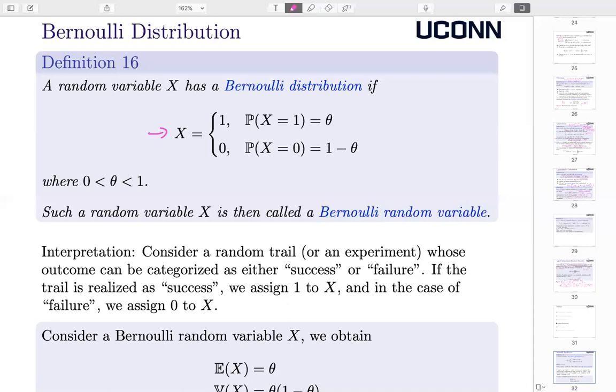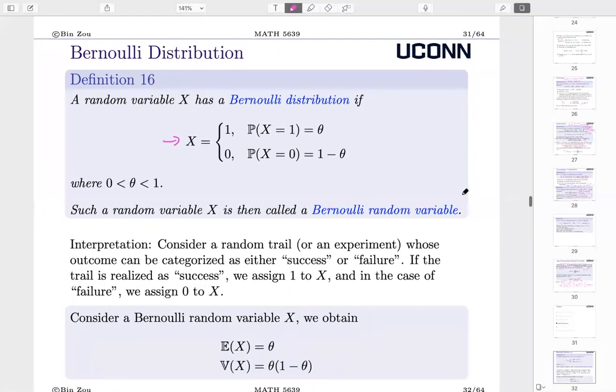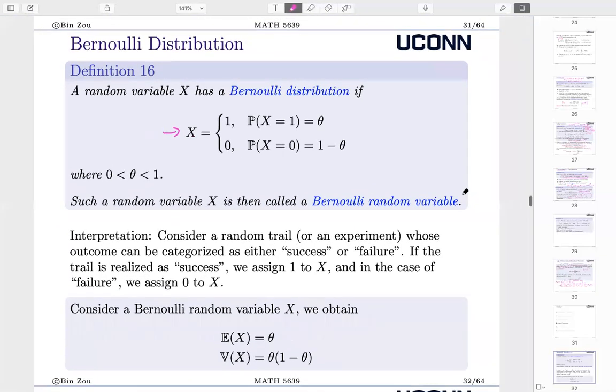If you get failure, you assign value 0. So it's rather general, right? For instance, if you want to discuss whether you pass this course, you can think of passing as success, and then theta will be the probability that you pass this course.